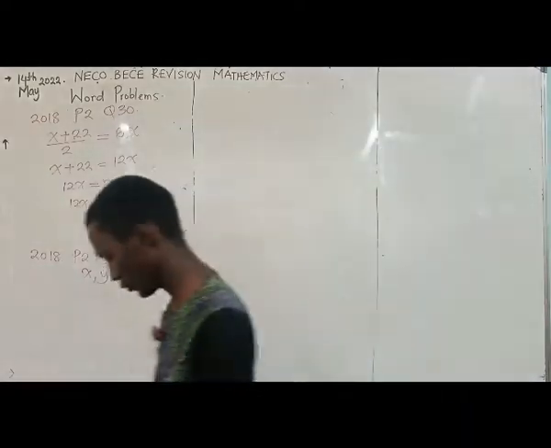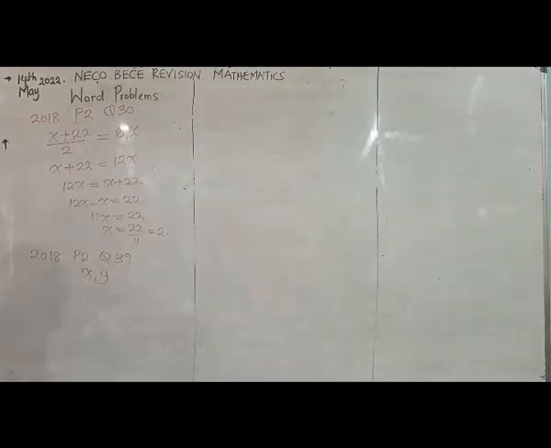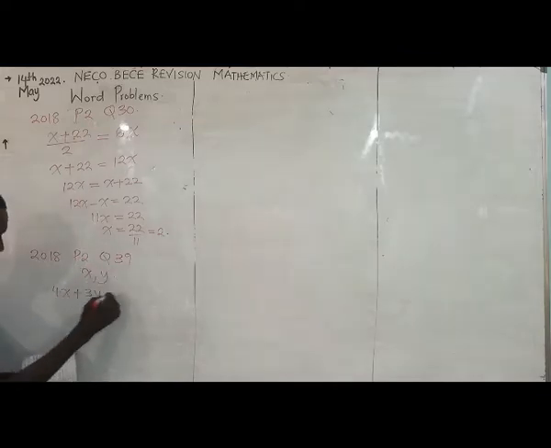X and y, beautiful. Now the next one says, the sum of 4 times the first number and 3 times the second number. So this is the first number, this will be the second number. Is equal to, is that 24 or 2? 24.